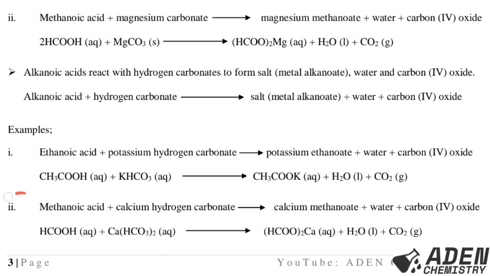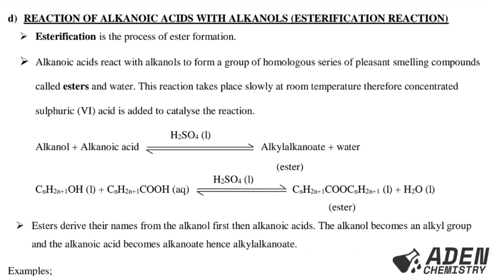So the second reaction, from 2, we have methanoic acid plus calcium hydrogen carbonate. What we are going to get is calcium methanoate plus water plus carbon dioxide, and the reaction will be methanoic acid reacting with calcium hydrogen carbonate. What we are going to get is calcium methanoate plus water plus carbon dioxide.